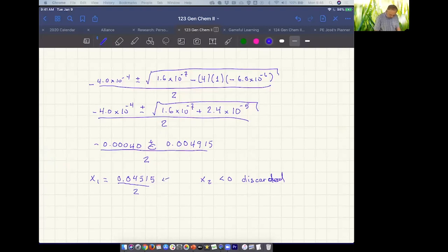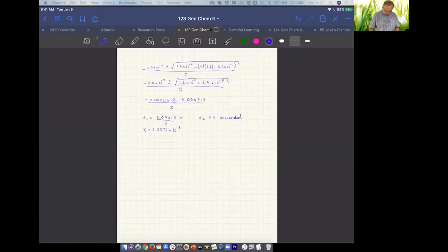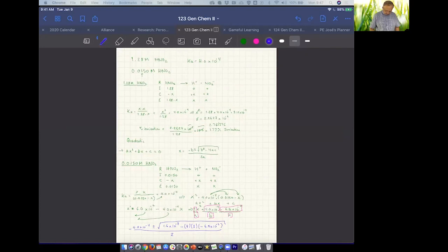So I'm going to divide that by 2. And so x then, there's only one possible x, and that's 2.2576 times 10 to the negative 3. So I have then the value of x that I can use to substitute into here.